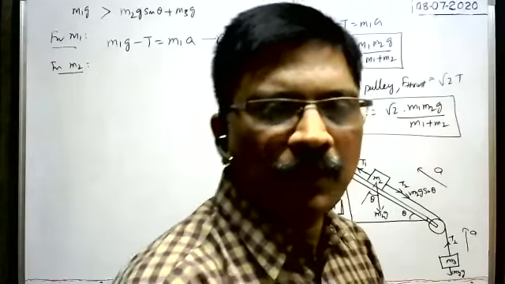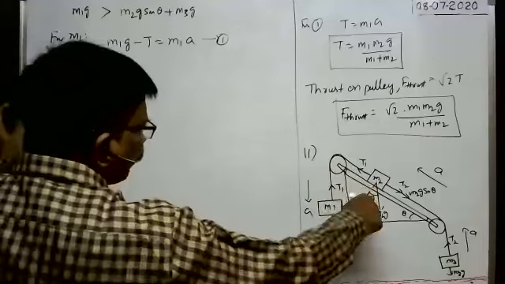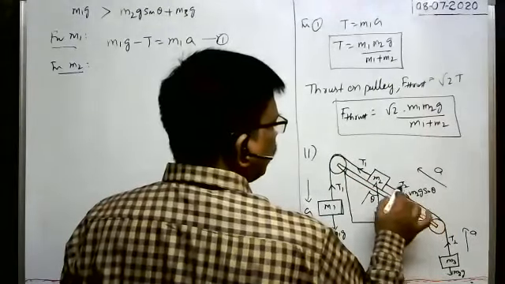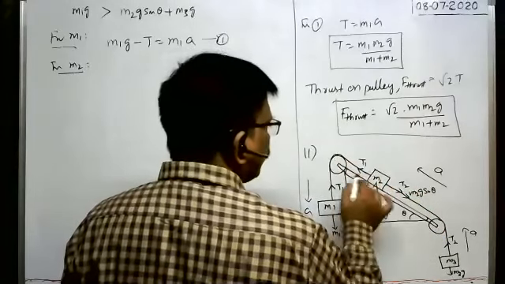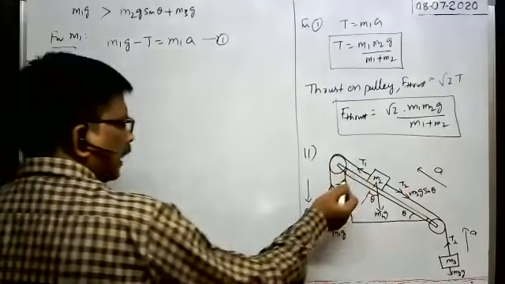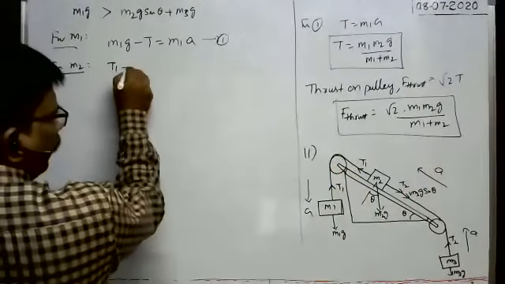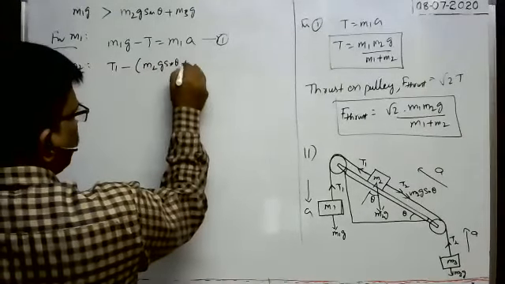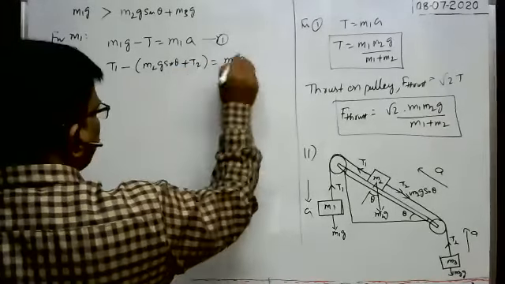In case of block M2, along the direction of its motion, that means along the inclined plane, these two forces act in this direction, and T1 acts in this direction. As this block moves in this direction with acceleration a, T1 is greater. That's why T1 minus M2g sin theta plus T2 is equal to the net force, which is equal to M2 into a.